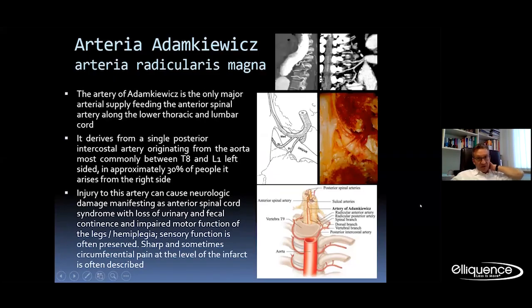When you do this approach, there's one anatomical structure you have to be very, very careful about, and this is called the artery of Adamkiewicz. For example, I got one case. We did endoscopic decompression with an endoscopic fusion thoracically, and the patient developed temporary hemiplegia after this surgery.